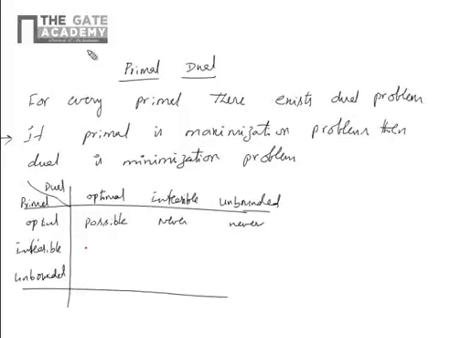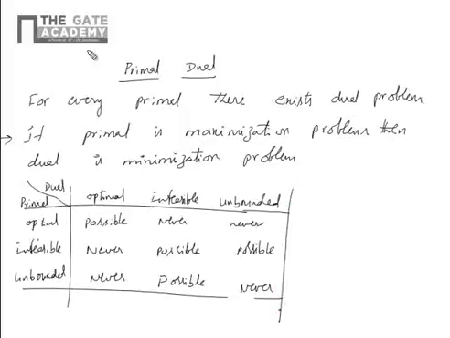If the primal is infeasible, then the dual is also infeasible or unbounded, anything is possible. If the primal is unbounded, then the dual is infeasible. The dual will never be unbounded.